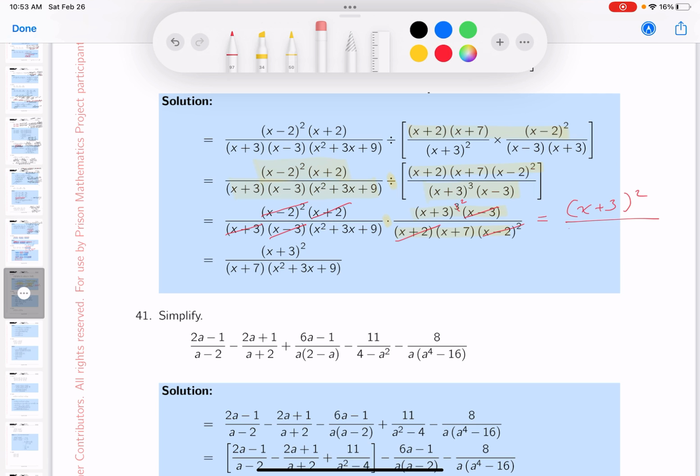I canceled and I didn't cancel. You're left with x squared plus 3x plus 9 and x plus 7. Are we getting that in our answer? Yes, we are. We got the x plus 3 quantity squared on top, the x squared plus 3x plus 9 in the bottom, and the factor of x plus 7. Things are working as advertised. Thank you.